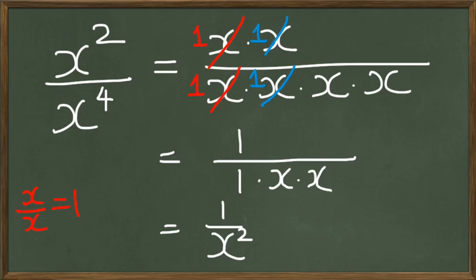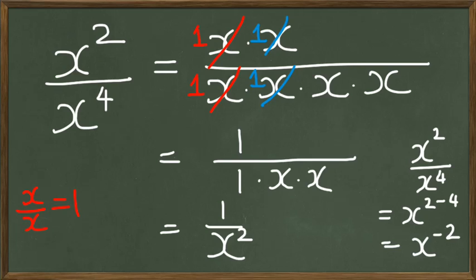Now some of you might have got this answer here. You might have actually said, x squared divided by x to the power of 4 can be written as x to the power of 2 minus 4, which equals x to the power of negative 2.